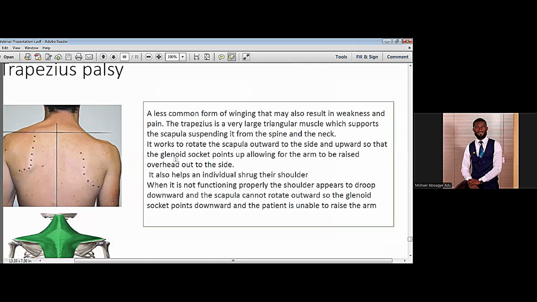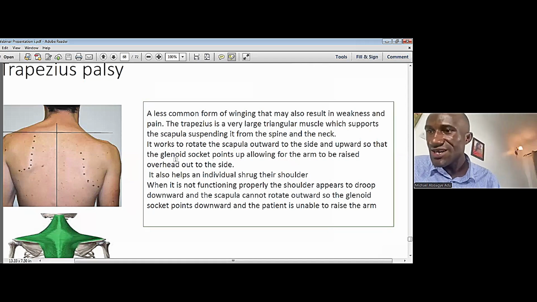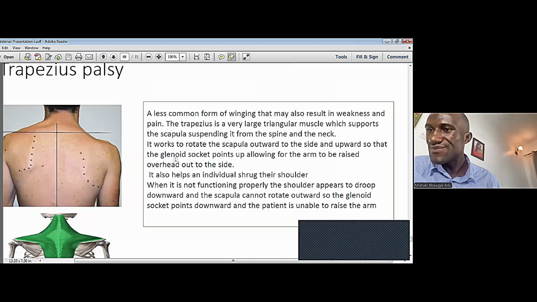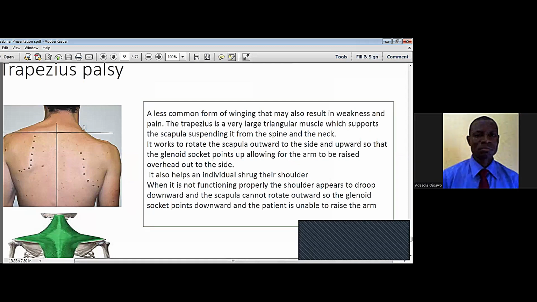Okay, so Prof, there is a question in the comment section. It says, what are the biomechanical and chemical and clinical implications of these variations? Are you talking of palsy or which one? There are a lot of variations that we have mentioned here.